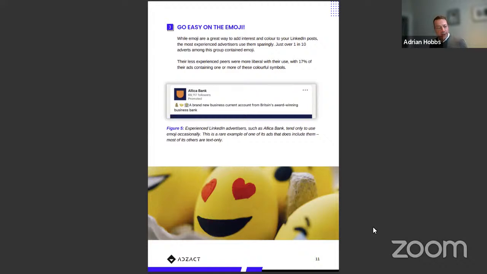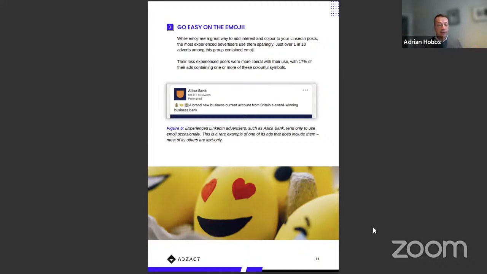It's good fun. But in an advertising context, what we found is that most experienced advertisers don't use it, right? Because although it can add, and this is an example where Alika are a strong advertiser, and they use them very sparingly. This is one example we found where they had used it, and I thought this was quite interesting.